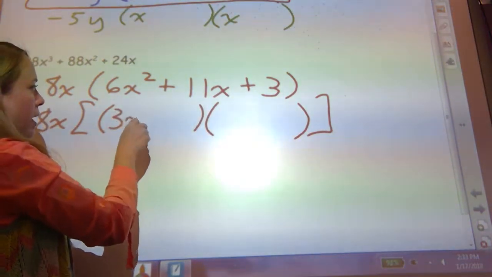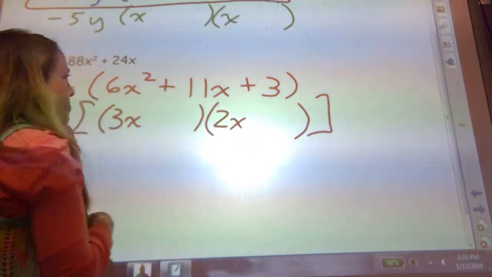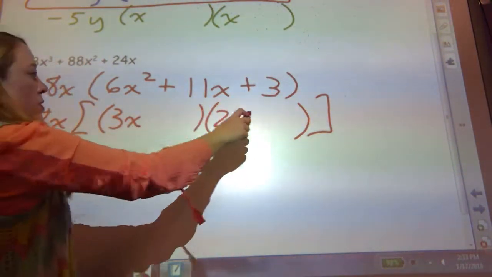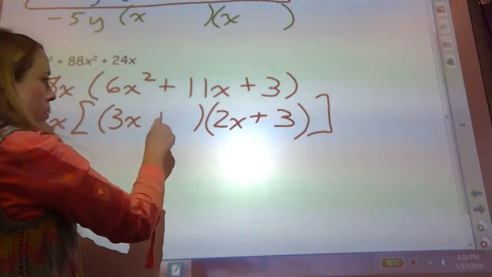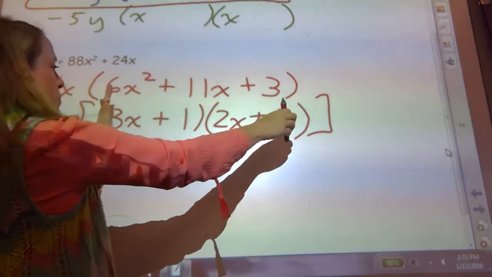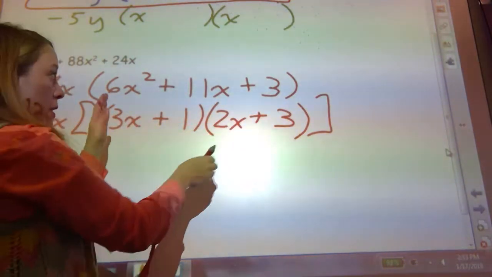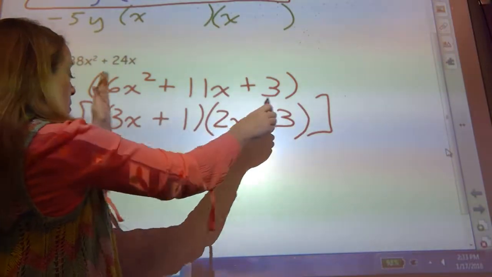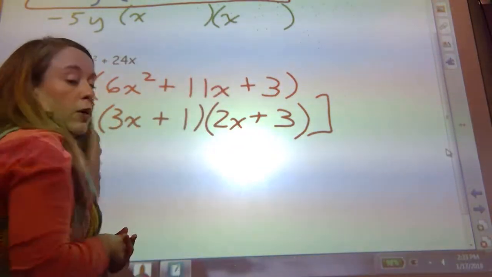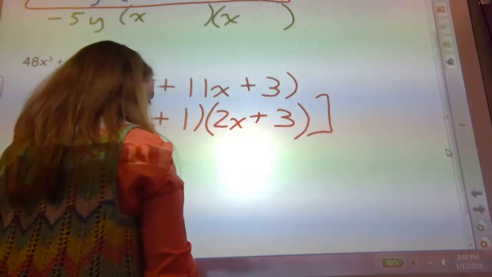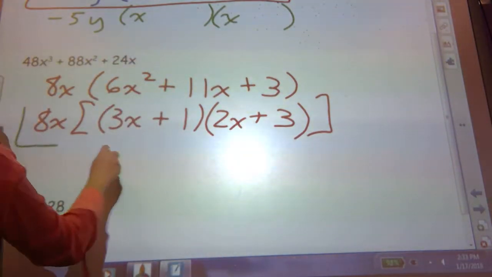So if I have a 3x and a 2x, if I do this, then when I multiply this all out, when I FOIL it, I'll end up back here, because 2x plus 9x would make 11x. So I know that's going to work. So I factored this one completely.